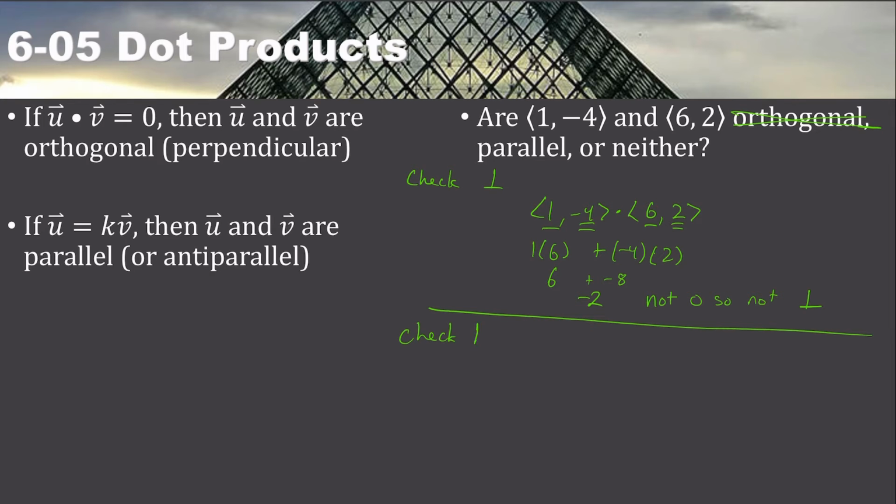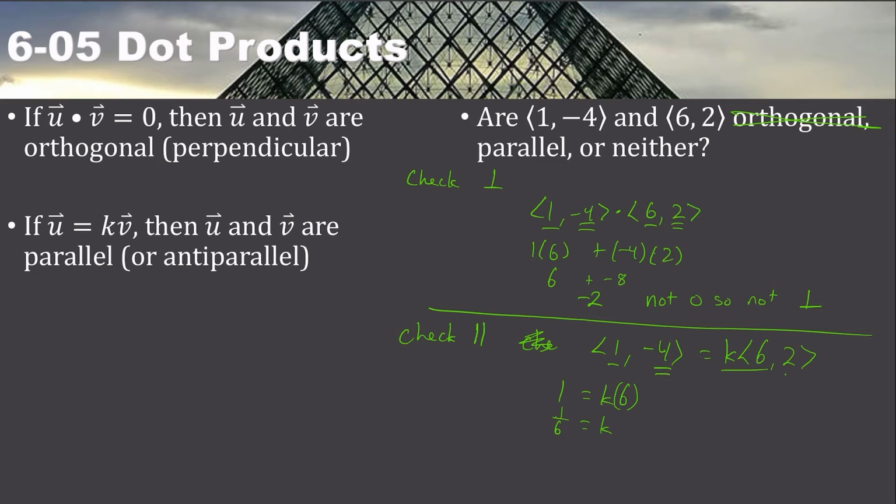Let's check parallel. If they're parallel, one should be a multiple of the other, so we need to find k. If I do the x components, I'd have 1 equals k times 6, so k would be 1/6.